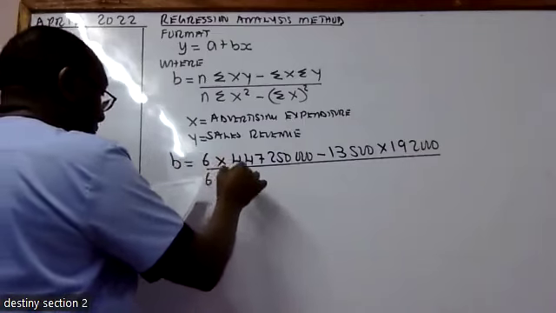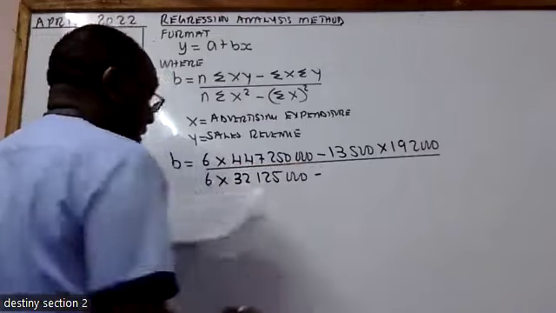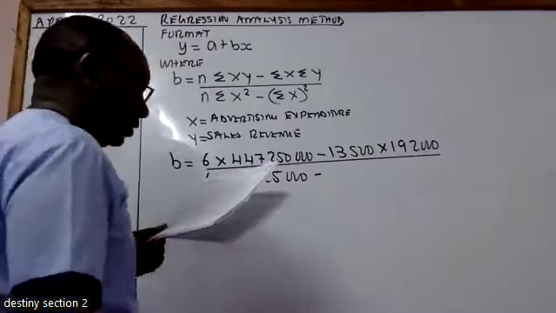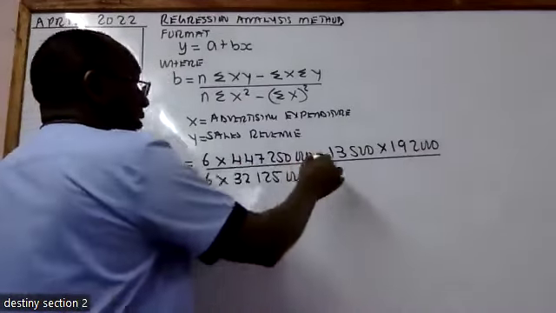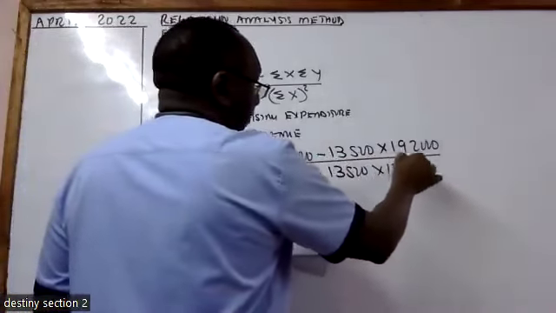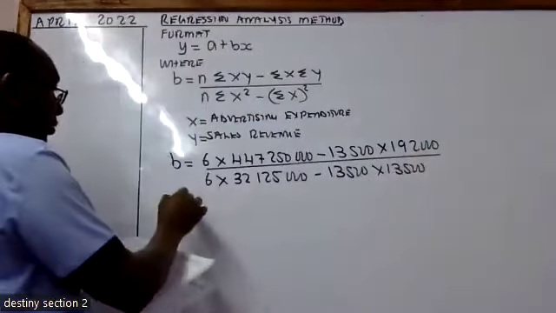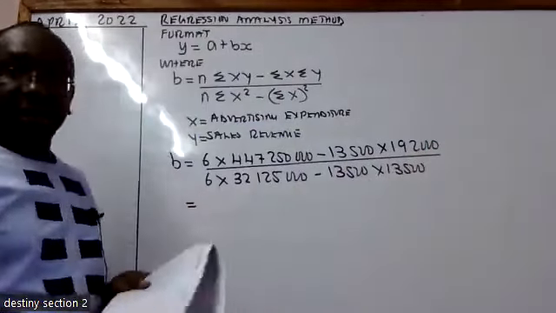It is 2,125,000 minus sum of x, 13,500 multiplied by 13,500. So please solve and give me the answer.